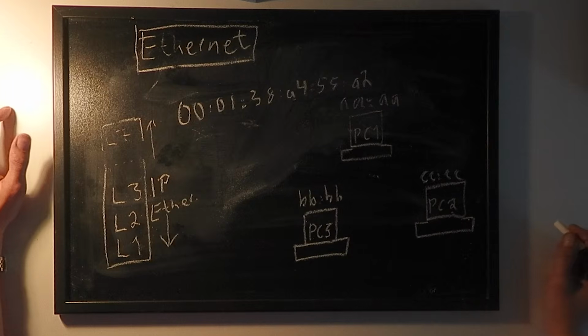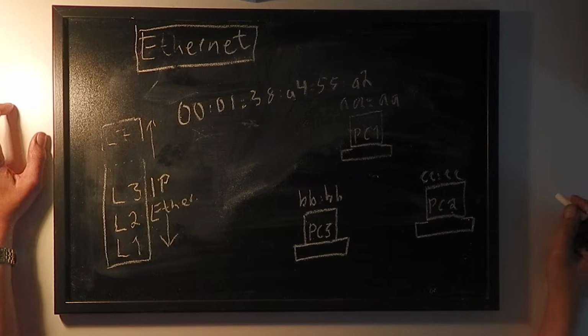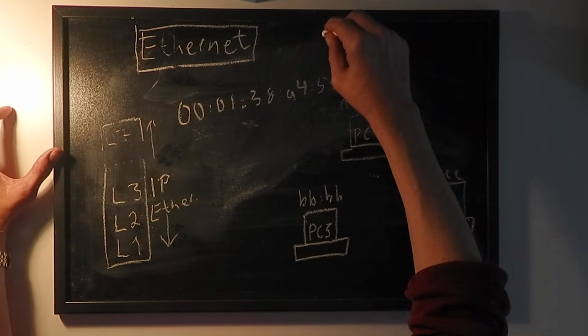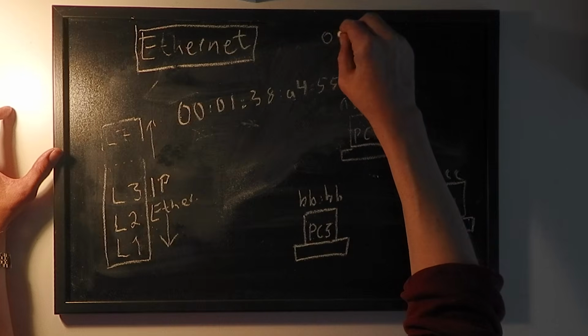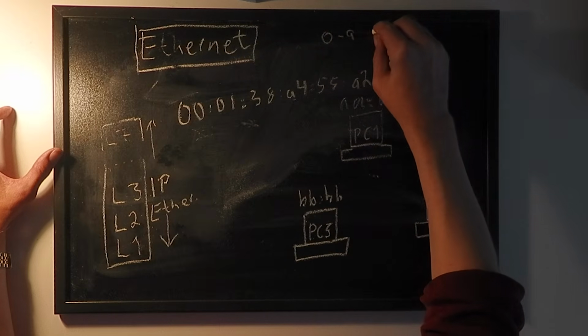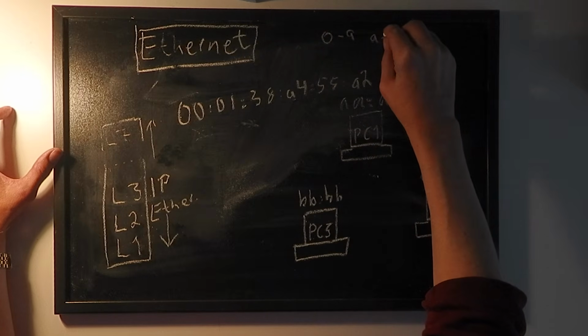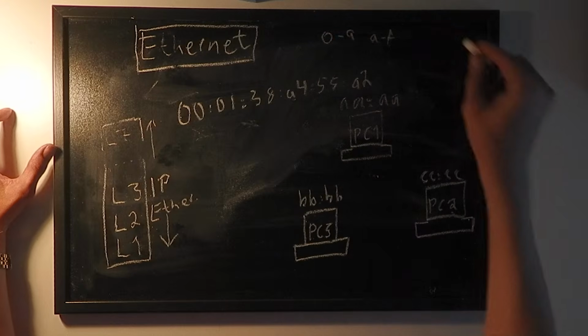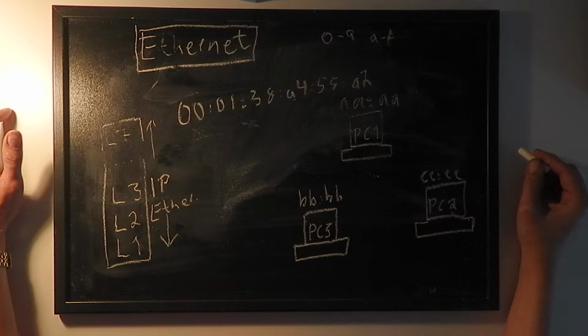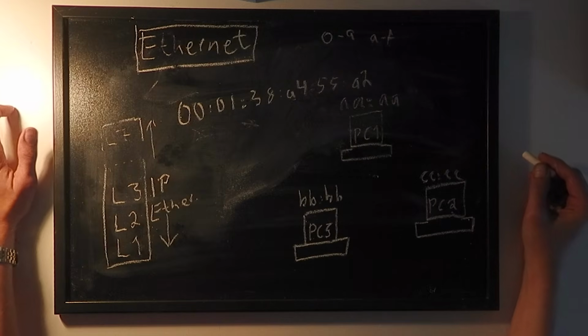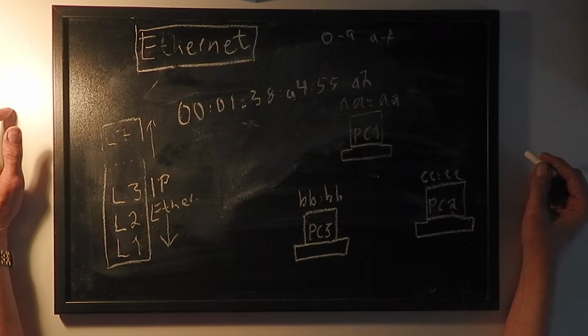And if you're not familiar with the hexadecimal number format, it's 0 to 9, and then we have A to F. So we can represent 15 different numbers plus the 0. No, including the 0.